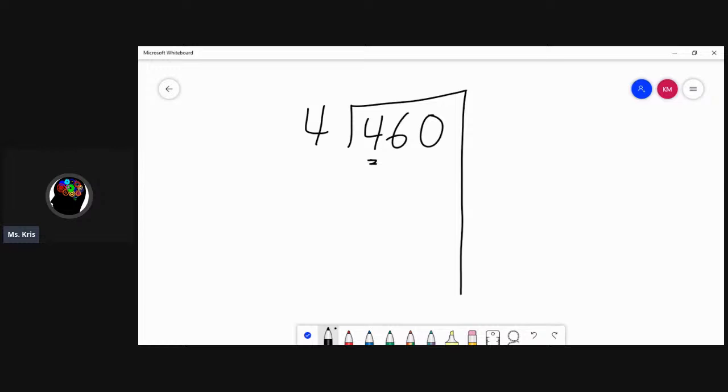So how many times can 4 go into 400? Well, 4 can go into 400 100 times. So instead of writing that at the top, you write that to the side.